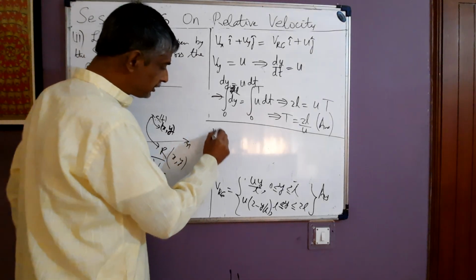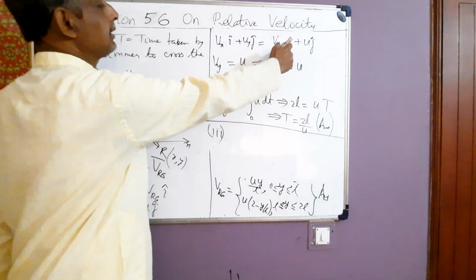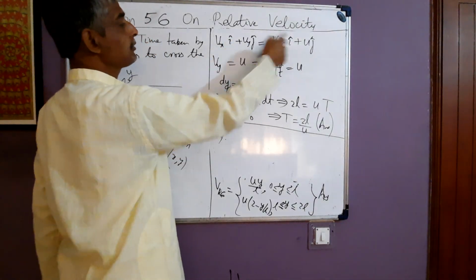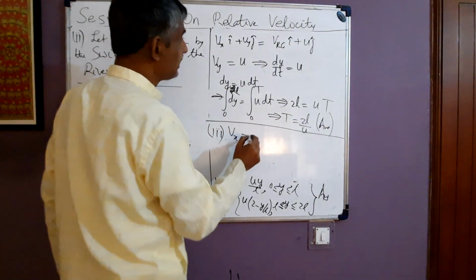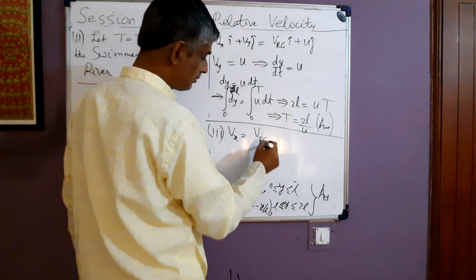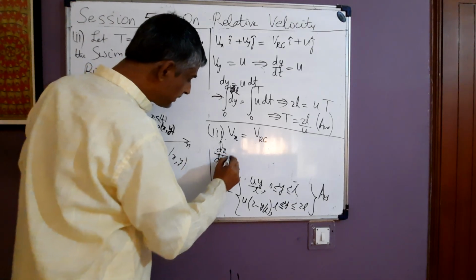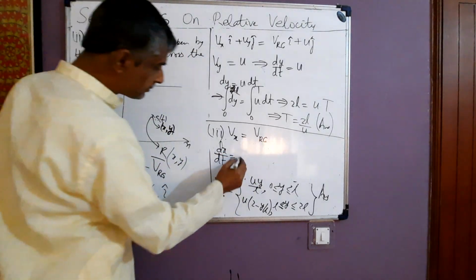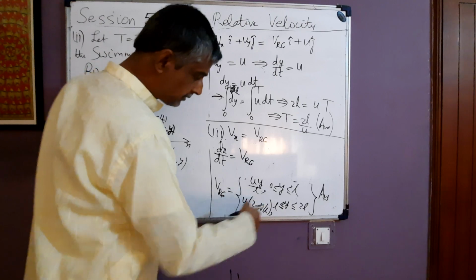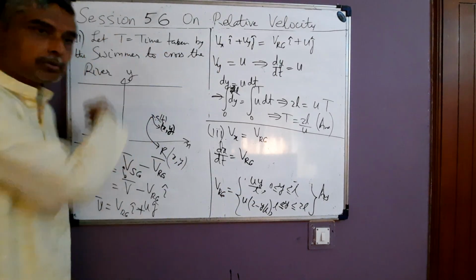To find the Cartesian equation, now we equate the coefficients of i hat on both sides. Vx becomes VRG. Vx is dx by dt. Now VRG has two expressions.